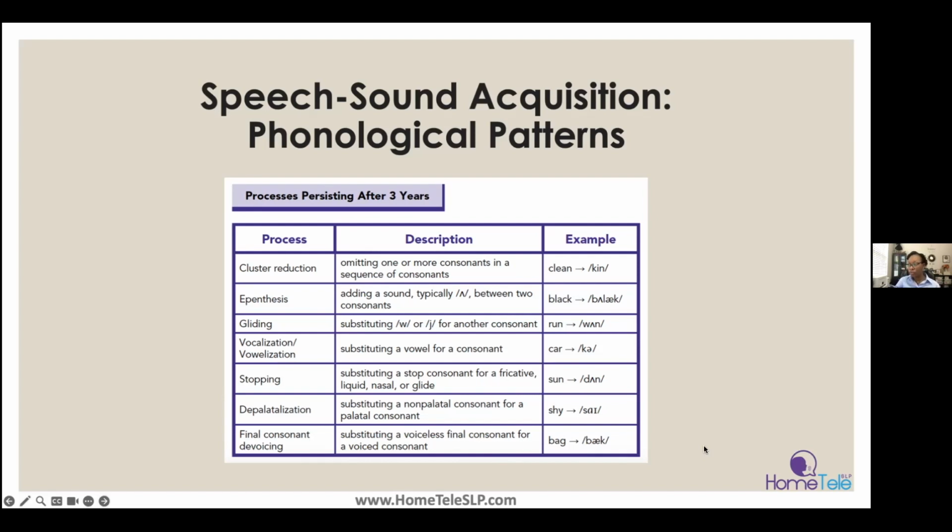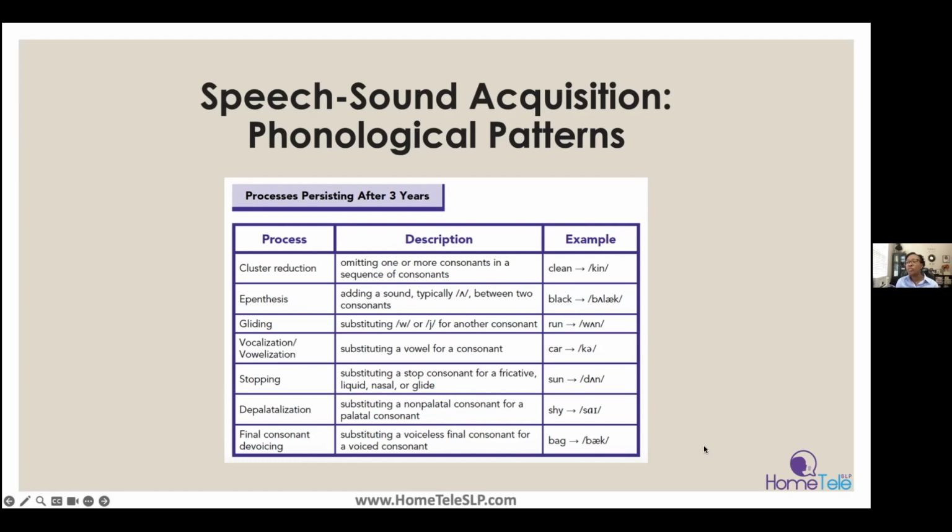I'll let you read through some of the other ones that are on the page. But an example of one that's really common is stopping. Stopping is when a stop consonant, for example, the letter D, is used in place of fricative sounds, like S sounds and F sounds, the letters S and F, those are fricatives.